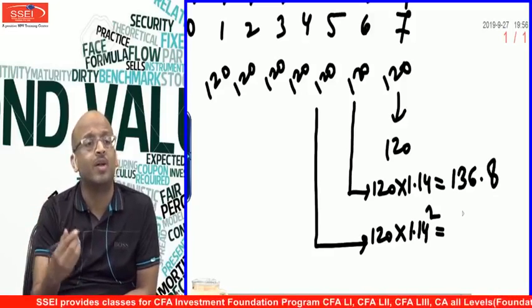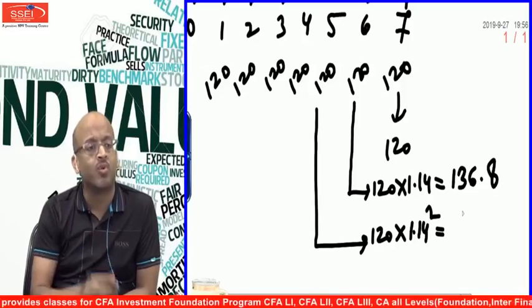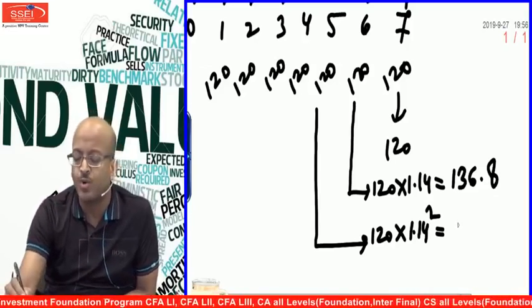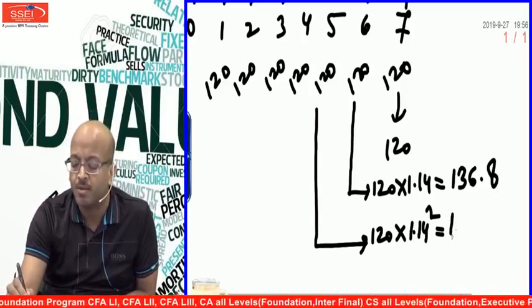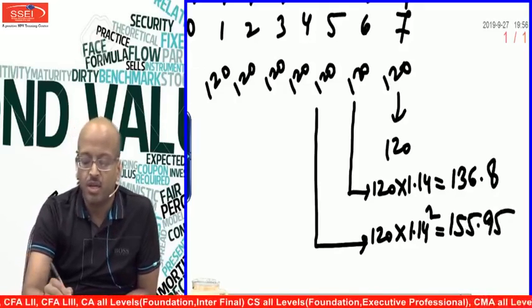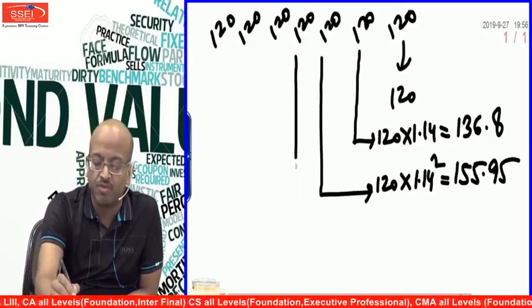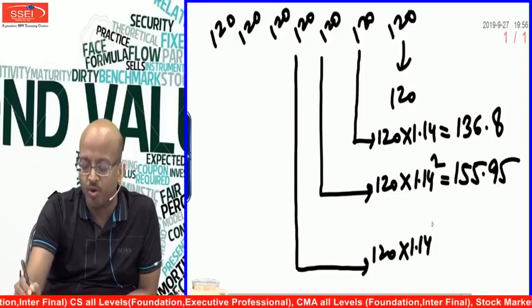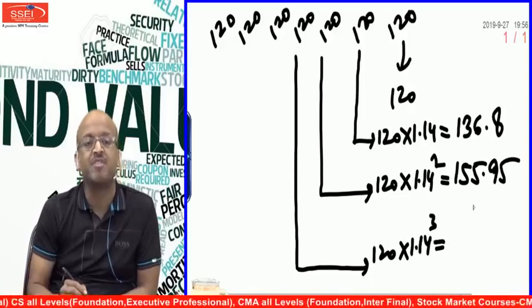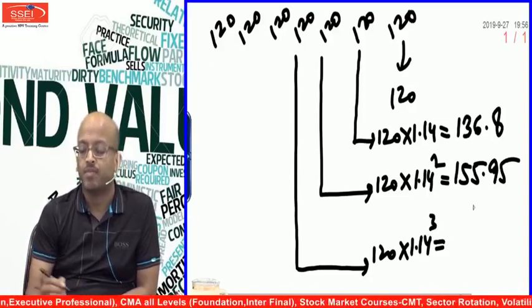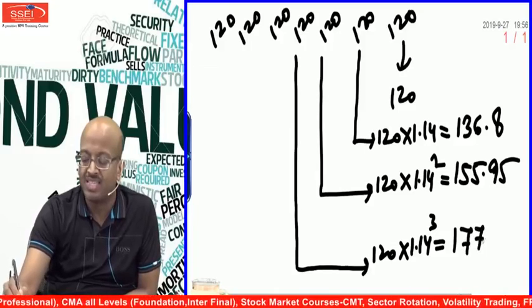The previous one into 1.14. Because you want to do square, but into 1.14 was already done. So 136.8 into 1.14: 155.95. Once again, 120 into 1.14 cube. You should do 155.95 into 1.14: 177.79.